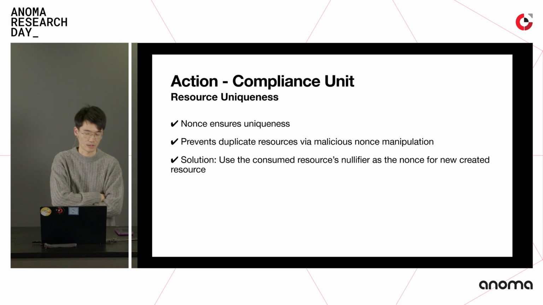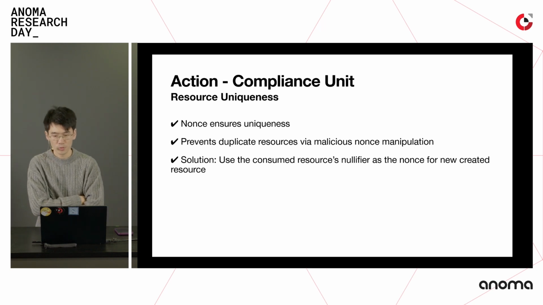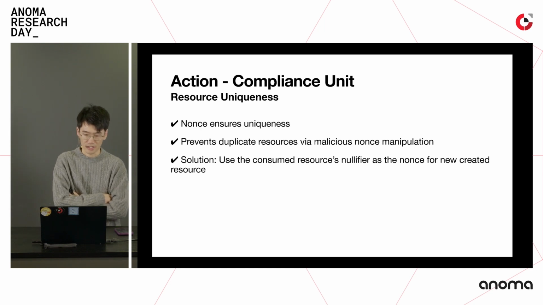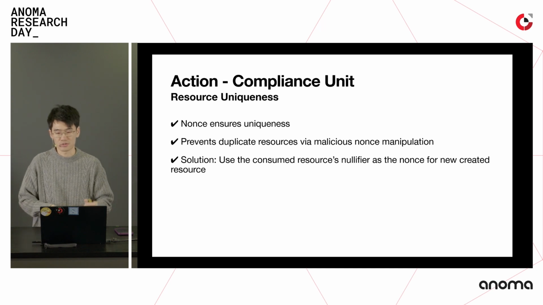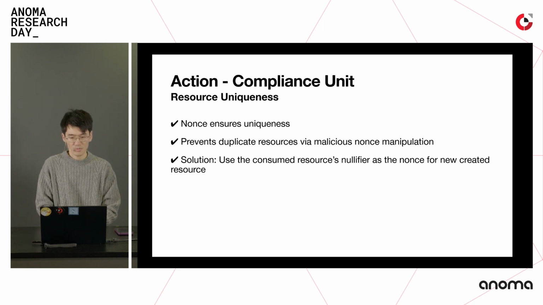That's not what we want, right? We already have a proof. We want the proof to provide as many constraints as the proof can. So we use the consumed resource nullifier as the nonce for the new created resource to make it happen. As we know, the nullifier is unique, so the nonce is unique. So we can make the created resource unique.